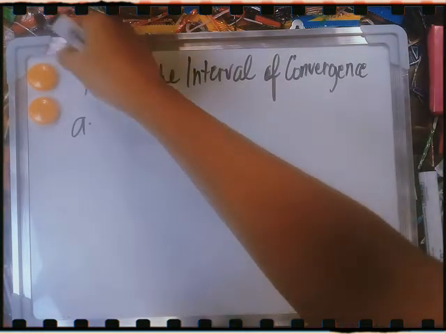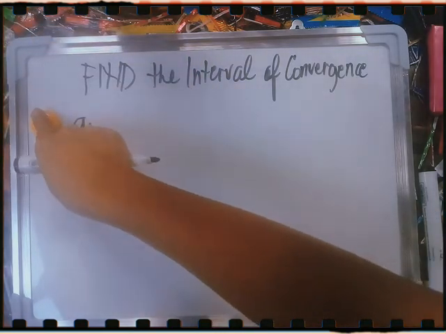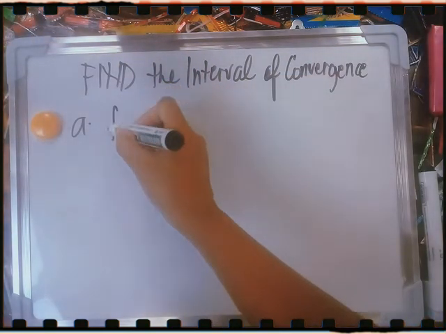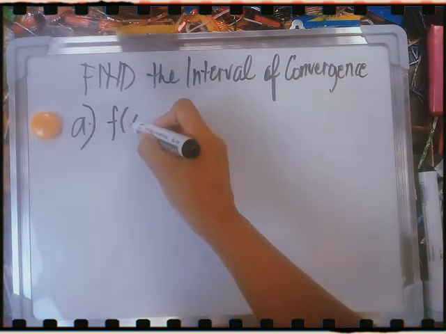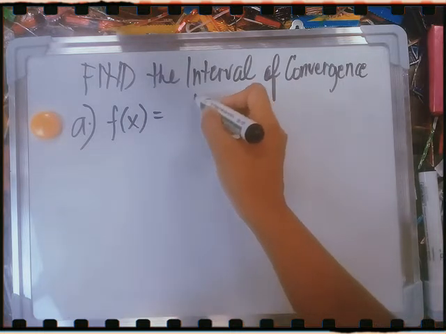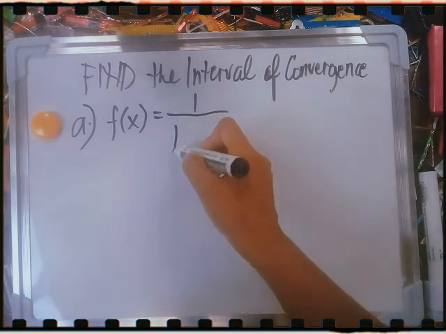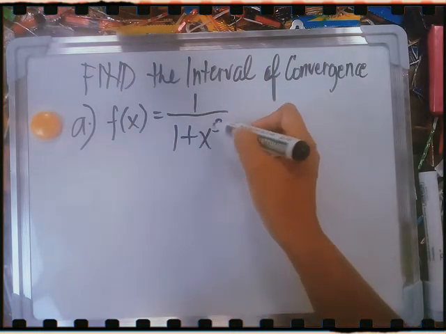First, we have f of x is equal to 1 over 1 plus x cubed.